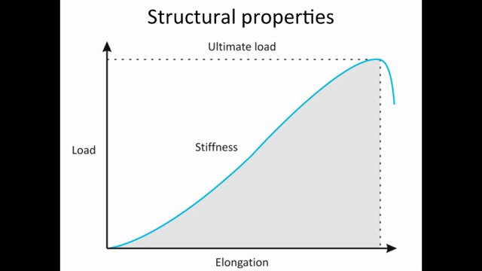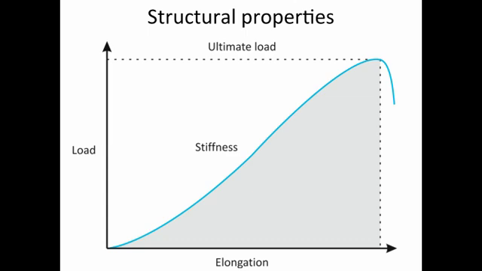Now, let's dissect stiffness a little bit, because stiffness tends to be one of these things that is just very confusing and tends to get people very worked up. I know it certainly did for me for a good 5 years.